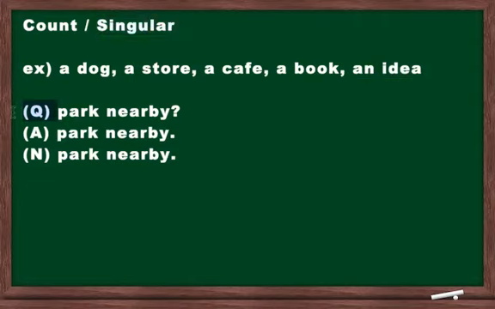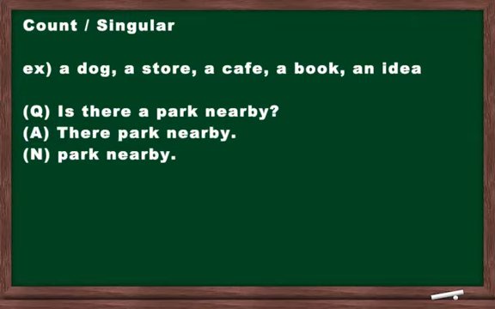Now, if you want to make a question, then you would say, is there a park nearby? If you want to answer affirmative, then you would say, yes, there is a park nearby.